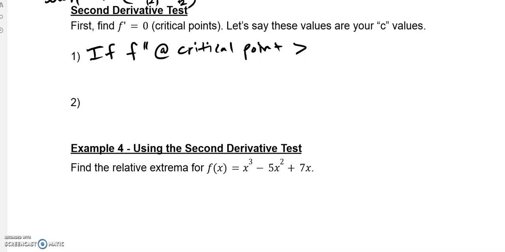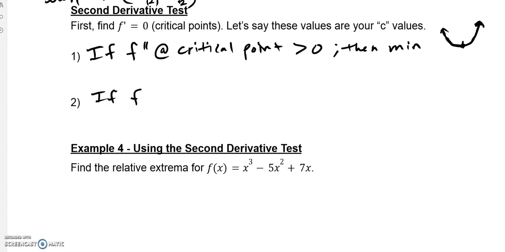If you find that it's greater than 0, remember that means concave up, then it's a minimum. Because remember, if a graph is concave up, it looks like this. And so if you know that this is a critical point, and you put that in your second derivative, and you get a positive answer, it's concave up, your graph looks like this, that is a minimum.